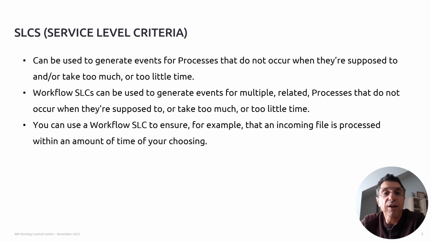Or, in this case, what happens if a file going into a mailbox isn't processed within 15 minutes? Control Center has this rule capability that when events occur, you can have actions associated with those rules, and those actions can cause you to be notified in some way, whether it's an email or an SNMP trap or more. Generate an alert, for example.